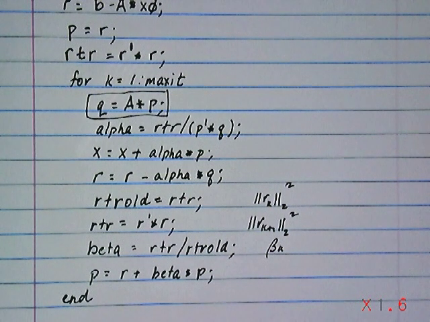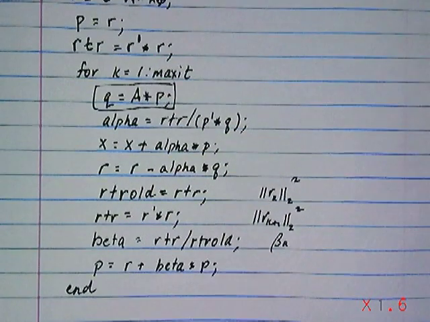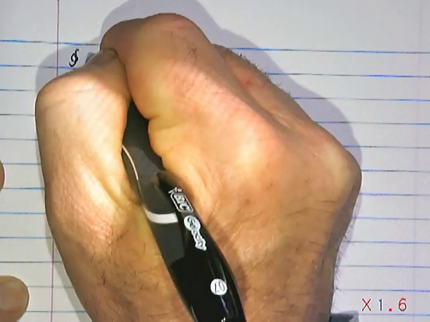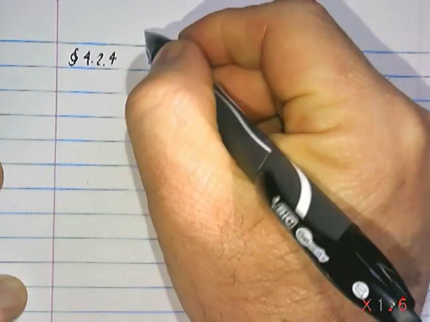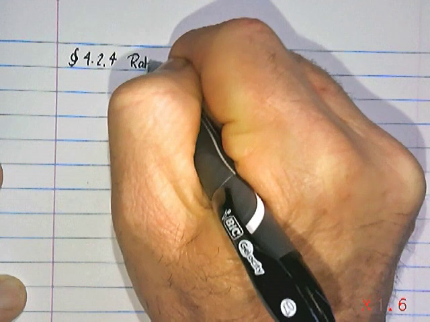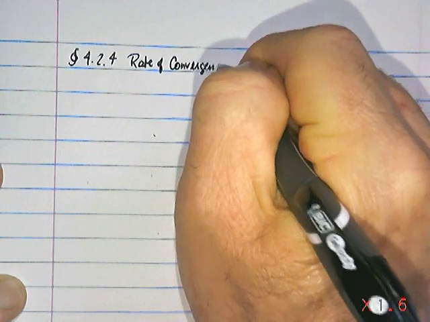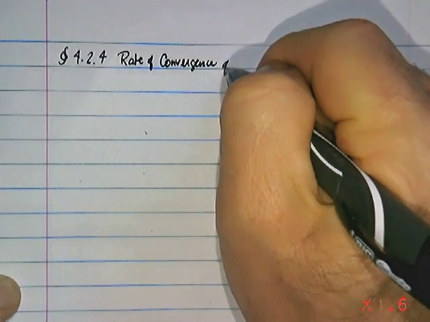And what I'd like to do now is just briefly talk about some of the convergence properties of the method. So this would be the next section of Bjork's book, section 4.2.4 on the rate of convergence of the CG method.